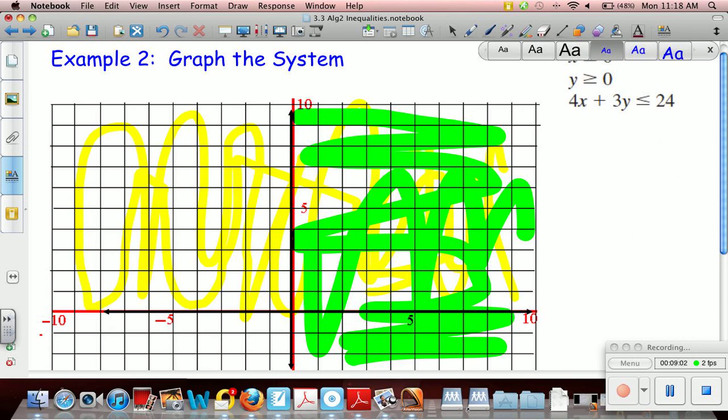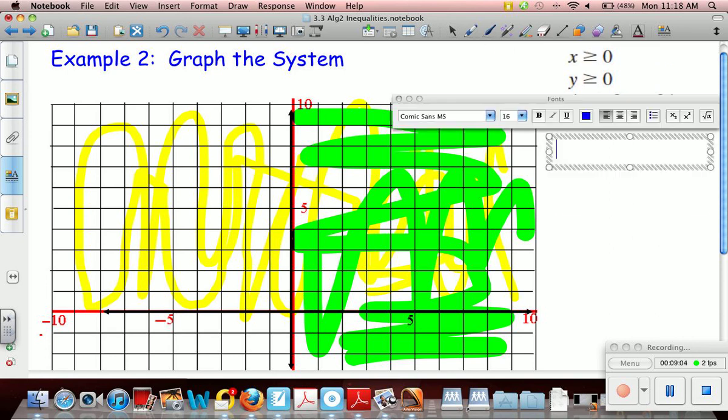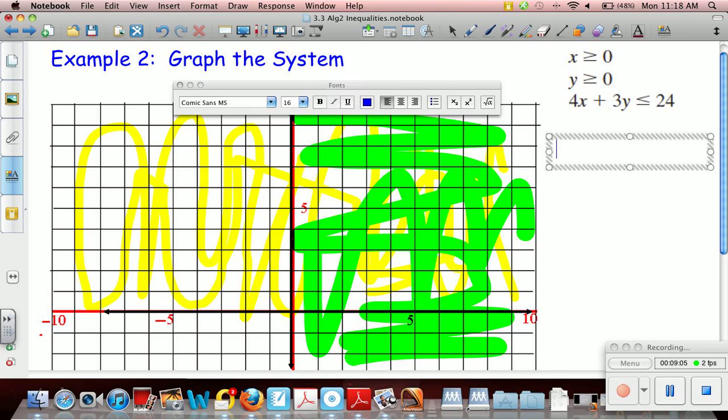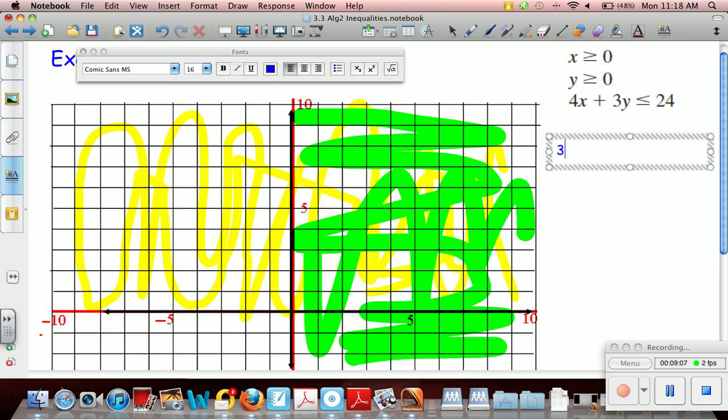And I need to get it into slope-intercept form. So what I'm going to do is subtract the 4x, leaving me with 3y is less than or equal to negative 4x plus 24. And then I'm dividing everything by 3. So y, and be careful, it's less than or equal to negative 4/3 x plus, and 24 divided by 3 is 8. So now I can graph that line.